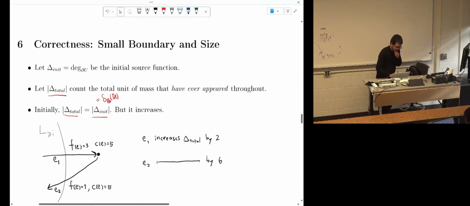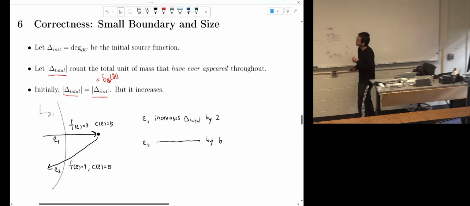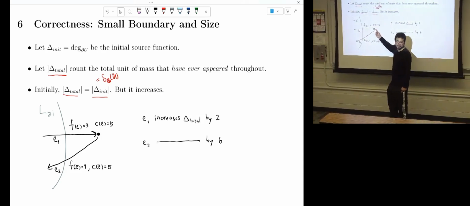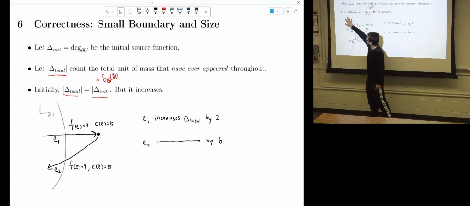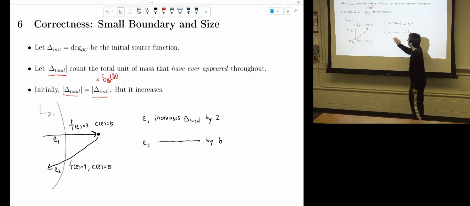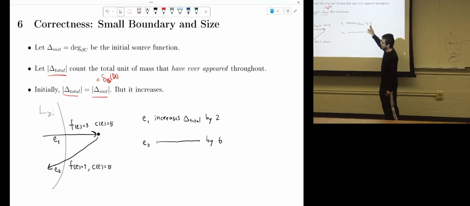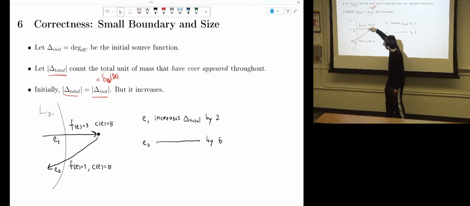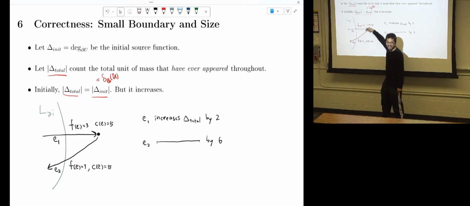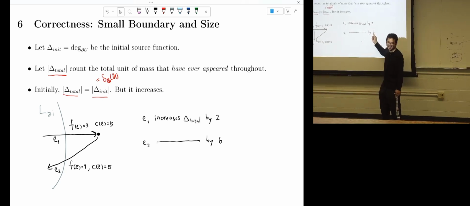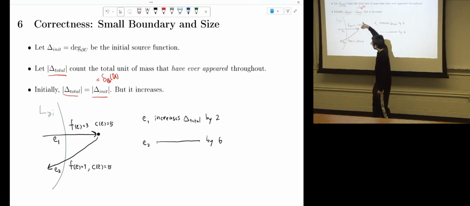Okay. Let's see the example here. Suppose that this is some node here, and I queue this guy. Now, E1 here would increase the total source by 2. This is just like our previous example. But if the flow goes in this direction, it would increase the total source by 6, because 1 unit actually goes out of this.